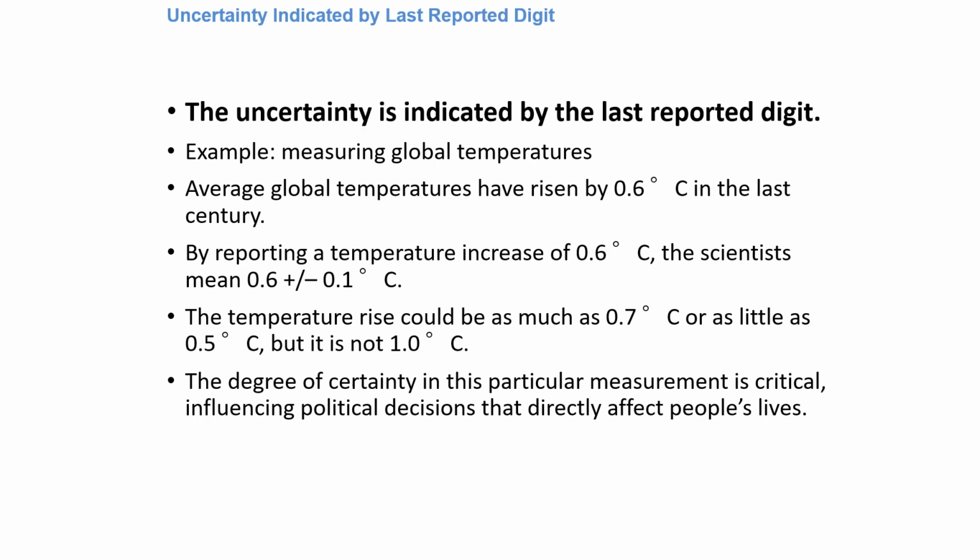By reporting an increase of 0.6 degrees Celsius, the scientists mean 0.6 plus or minus 0.1 degrees Celsius. The temperature rise could be as much as 0.7 or as little as 0.5, but it's not 1 entire degree. The degree of certainty in this particular measurement is critical, influencing political decisions that directly affect people's lives.